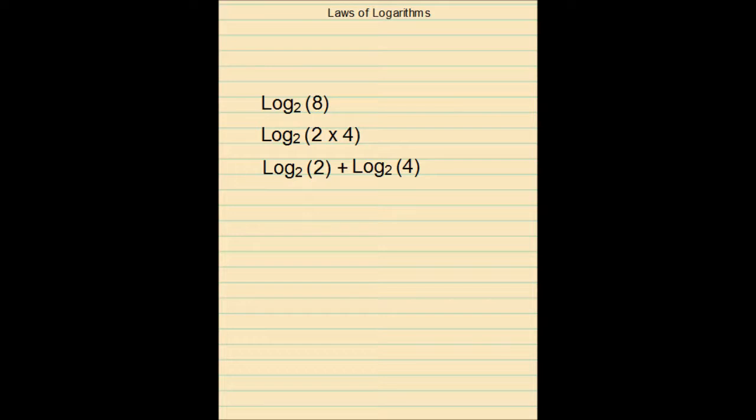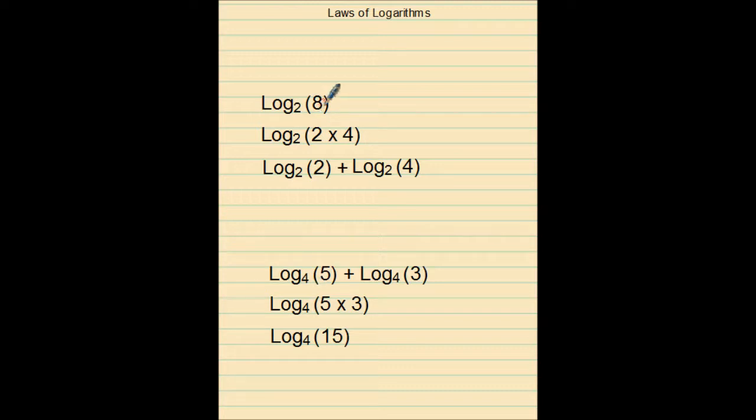Sometimes it's useful to write it in a different way. But perhaps this is the format that you're more used to, when you are adding two logs and asked to simplify them. So we're adding two logs, so we can use the first law to multiply them, and finally we can simplify.